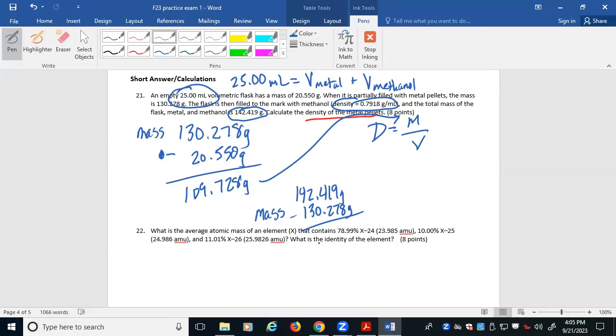So the difference between the two is just the methanol's mass. 142.419 minus 130.278, 12.141 grams of methanol is how much methanol there was.